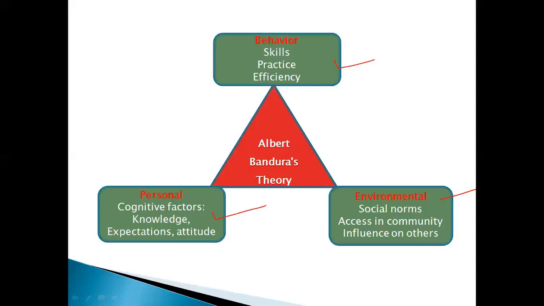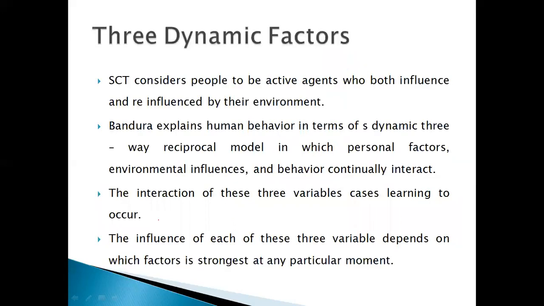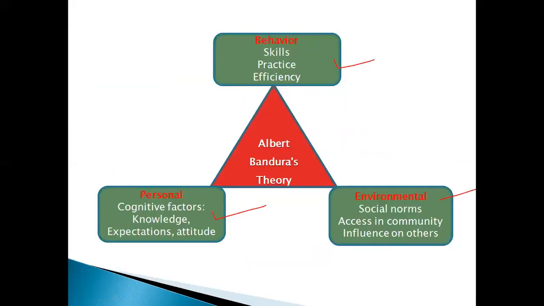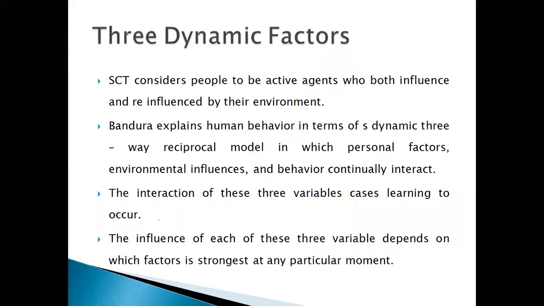Environmental factors are your social norms, community access, the influence of others on you, and your influence on others. These also contribute to learning. Behavior is your skills, practice, and efficiency. So these three dynamic factors, personal, behavioral, and environmental, contribute to social learning theory.